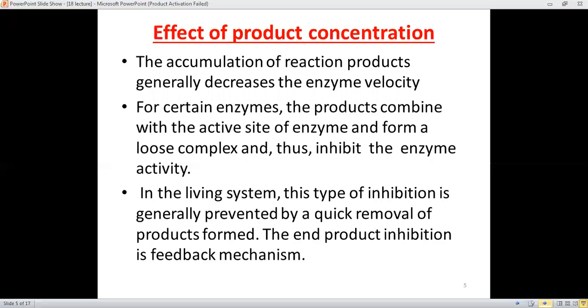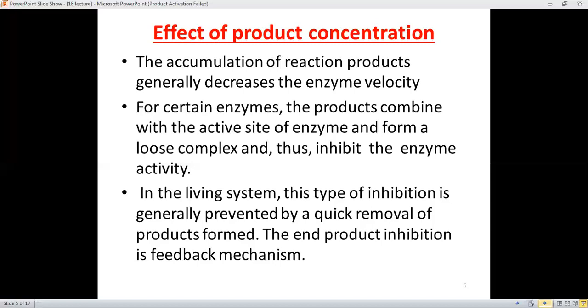The accumulation of reaction products generally decreases the enzyme velocity, and for certain enzymes the products combine with the active site of the enzyme and form a loose complex, and thus inhibit the enzyme activity.